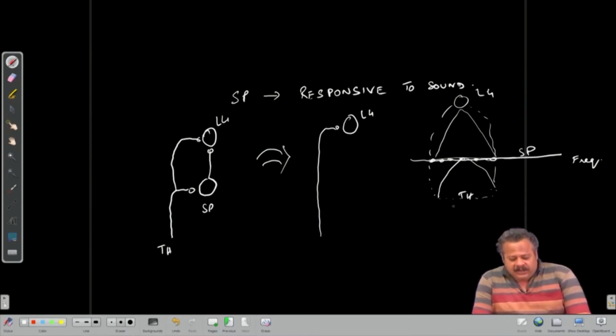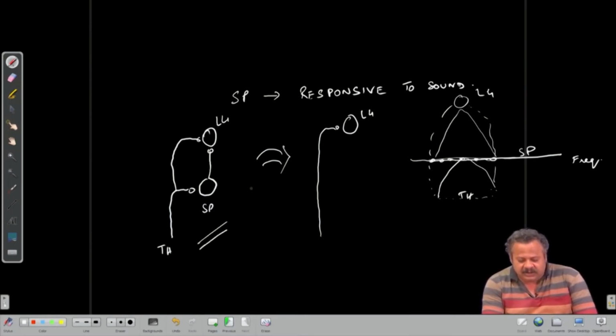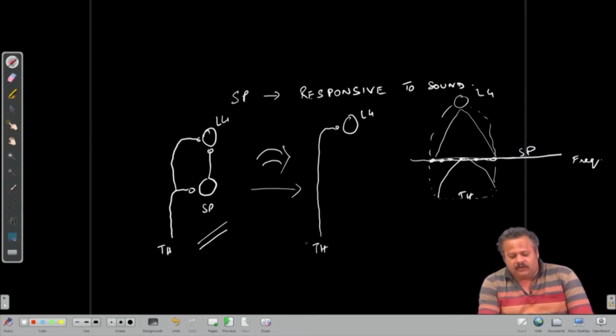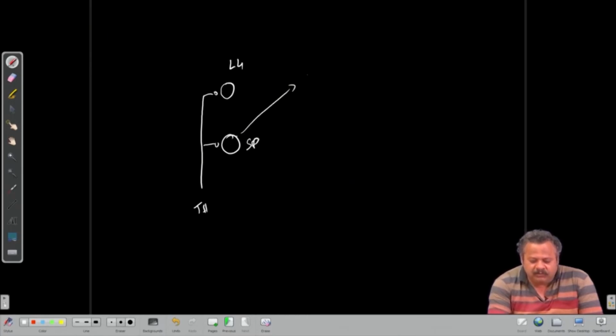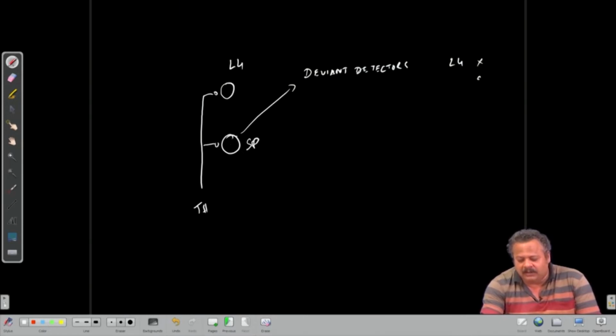So, considering this simple circuitry which transforms into simply thalamus to layer 4, what is found is that if we record from subplate neurons, these subplate neurons tend to be deviant selective, that is, they are deviant detectors, whereas layer 4 neurons are not, at ages even before what is considered as critical period.